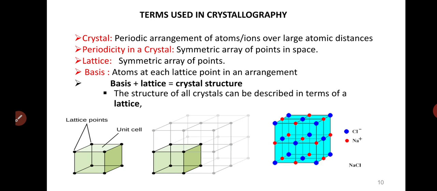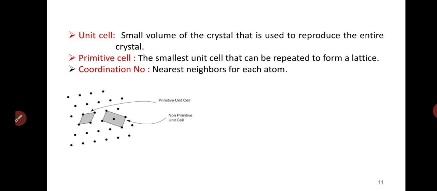If at one corner there is a chlorine atom, then at a fixed distance sodium, then again chlorine, then again sodium. In this way, this crystal is formed. The other terms used in crystallography are unit cell, primitive cell, and coordination numbers.